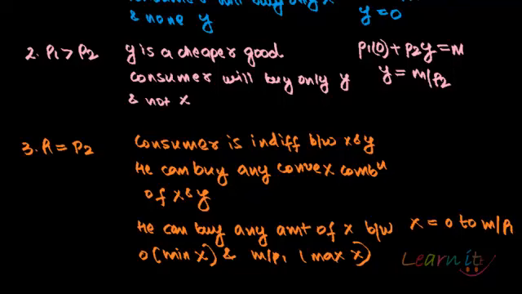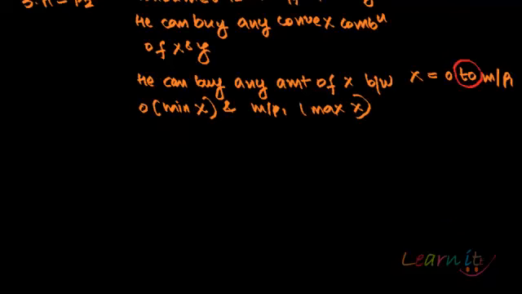Remember this too, he can buy something in between also. That is, he can buy any amount of X between 0 and M by P1.